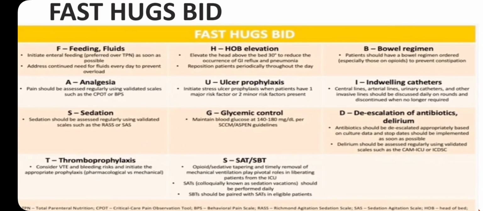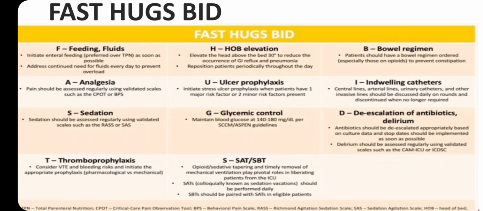B is for the bowel regime. Patients should have a bowel regime ordered, especially those on opioids, to prevent constipation. I is for indwelling catheters. Central lines, arterial lines, urinary catheters, and other invasive lines should be discussed daily on rounds and discontinued when no longer required. D is for de-escalation of antibiotics and delirium.